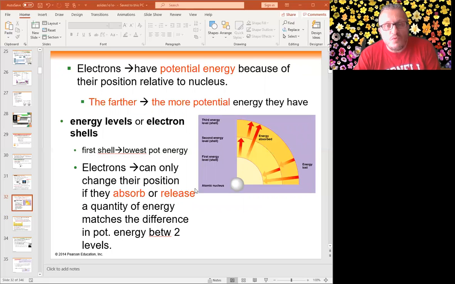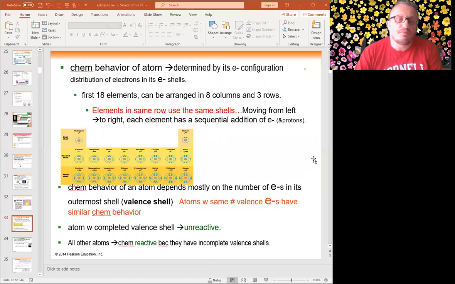Electrons can move back and forth between these shells by absorbing or releasing energy. So the chemical behavior of elements is determined by electron configuration, the distribution of electrons in electron shells. Okay, you can see here the first shell has only one, the second shell has 2, the third shell has 3 here.